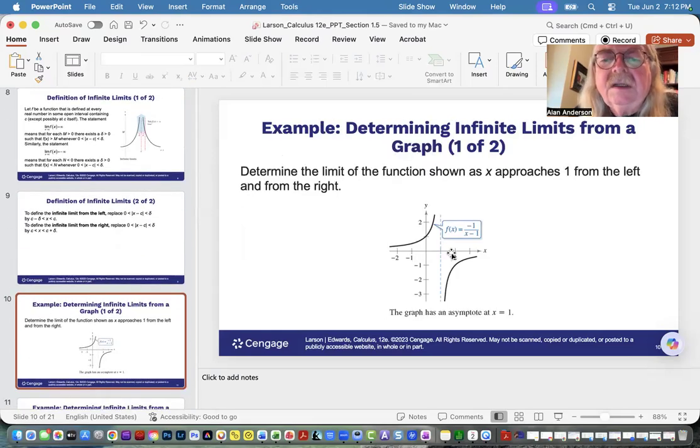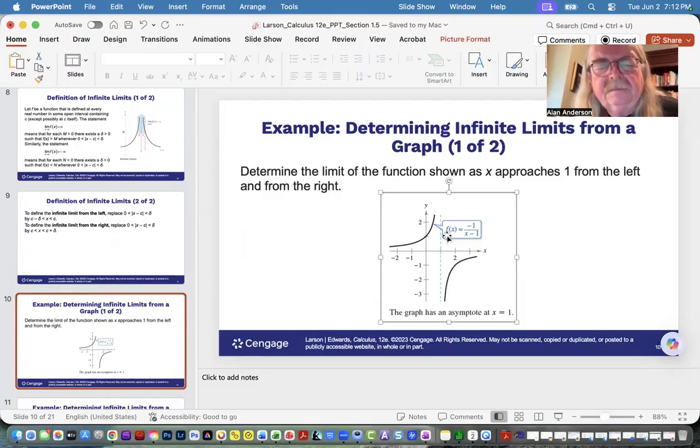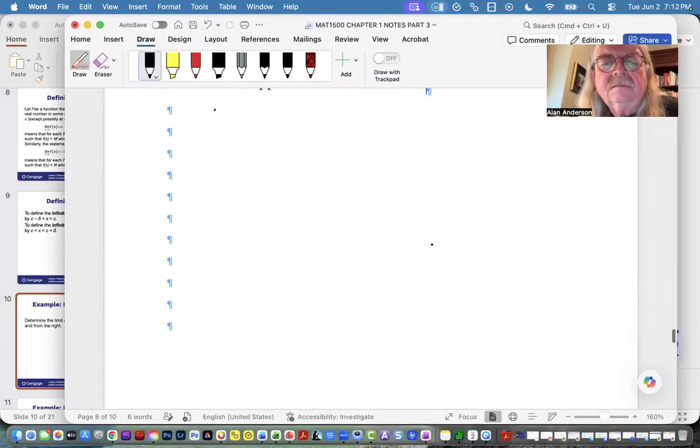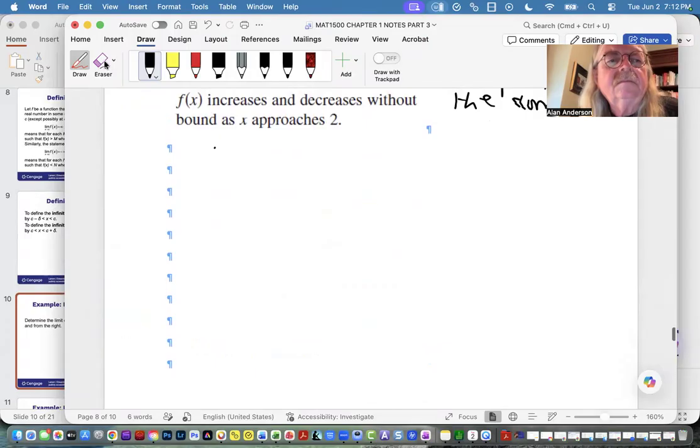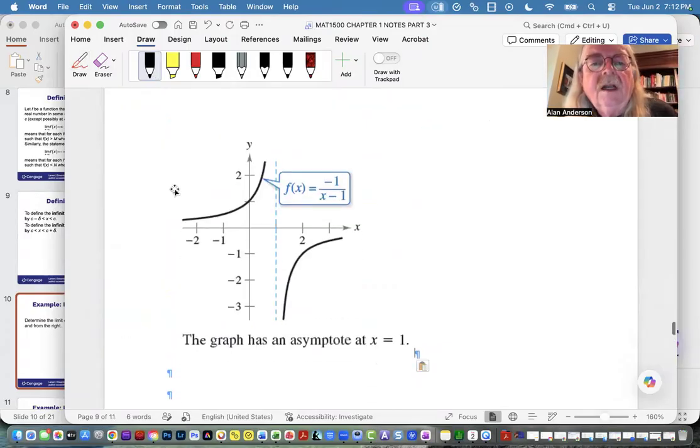Here's another one. So this one, you can see, has clearly an asymptote where x equals positive 1 because we can't have division by 0.